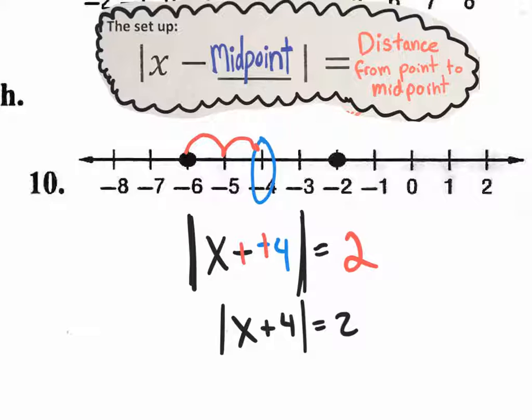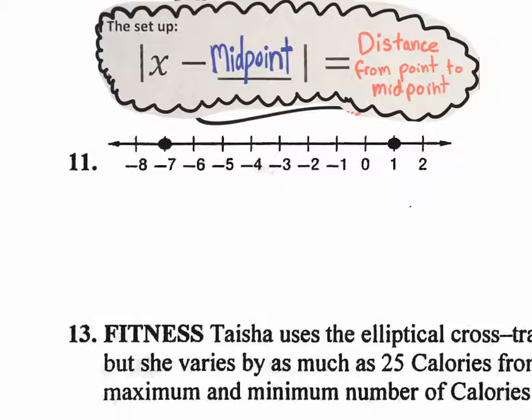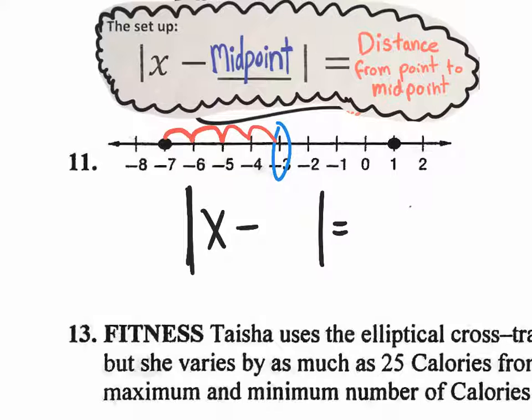Let's try the next one, number 11. So the midpoint here is the value of what? Negative 3, that's the midpoint. And the distance from negative 7 all the way to negative 3 is 1, 2, 3, 4. Okay, so let's set it up. Absolute value of x minus midpoint, I'm leaving it blank, equals the distance from the point to the midpoint, I'm leaving it blank.